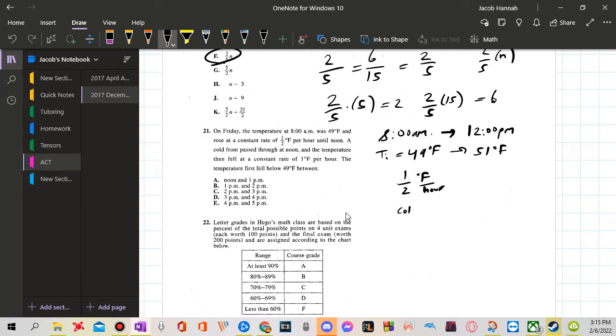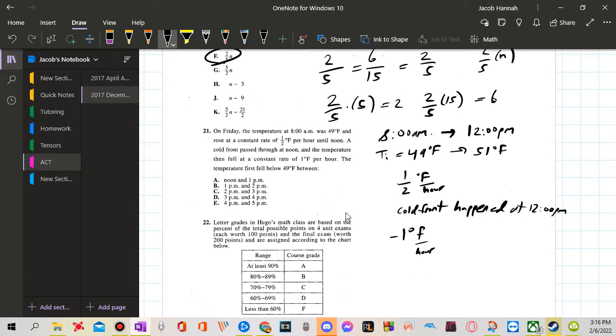So the cold front happened at 12 p.m. Then it went down at -1 degree Fahrenheit per hour.